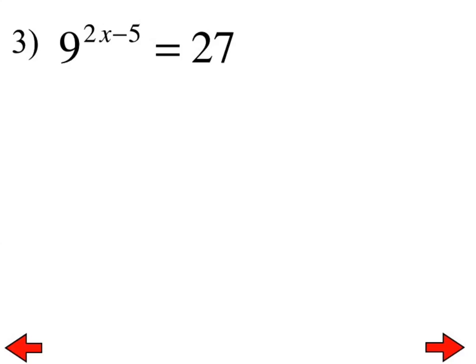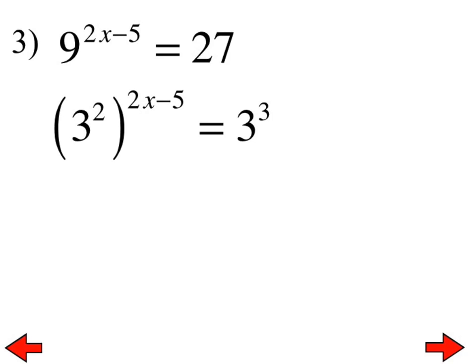All right, so there are times where it is difficult to turn one side into the same base as the other side, like in this problem. However, we can change both of the bases into a common base. So for example, 9 is equal to 3 squared, and 27 is equal to 3 cubed.